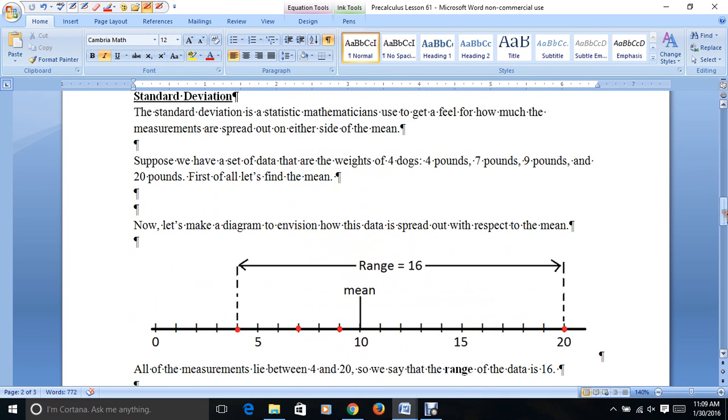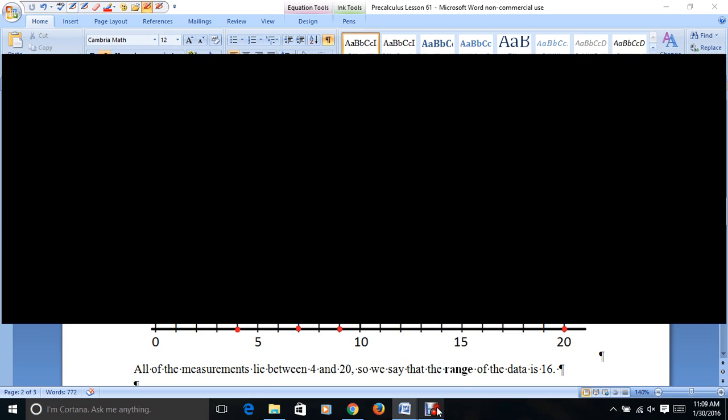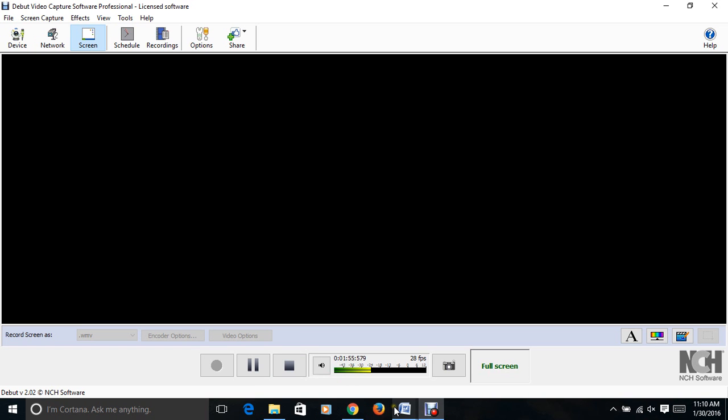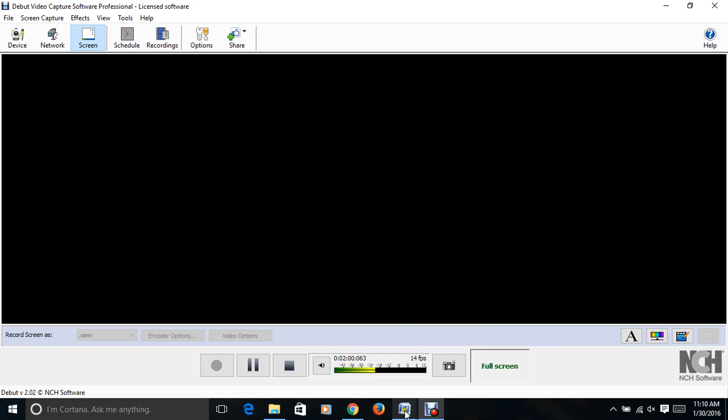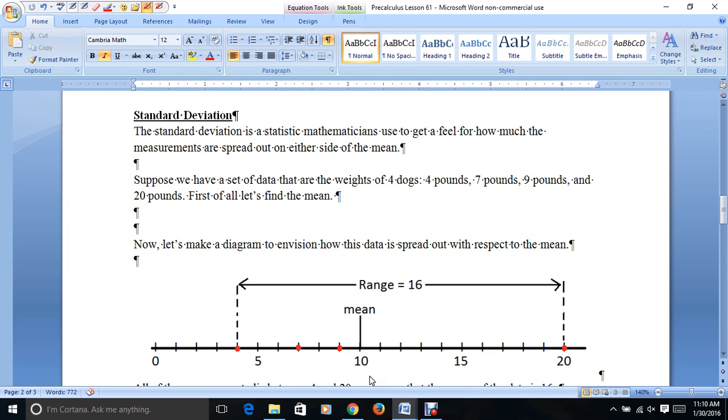Okay, the standard deviation of a set of numbers is what mathematicians use to get a feel for how far away from the mean the values tend to lie.